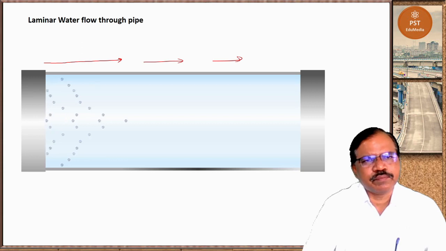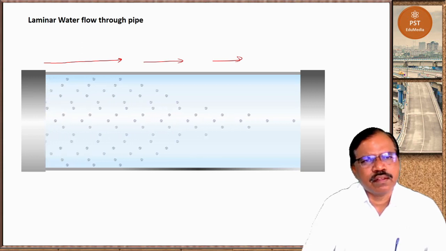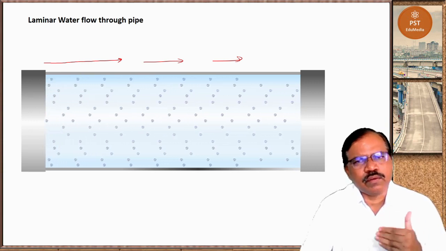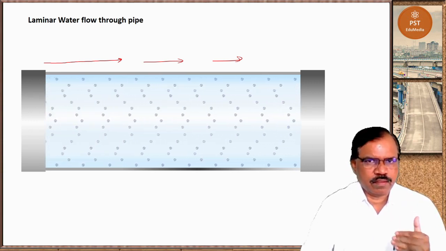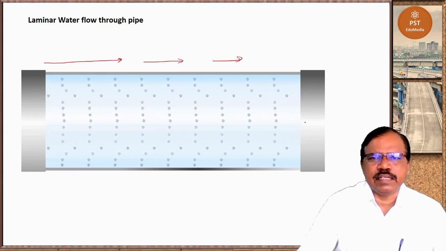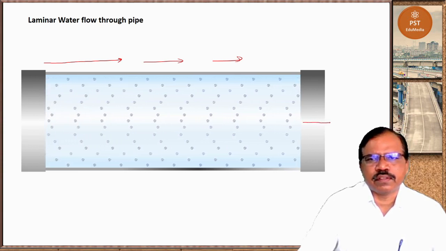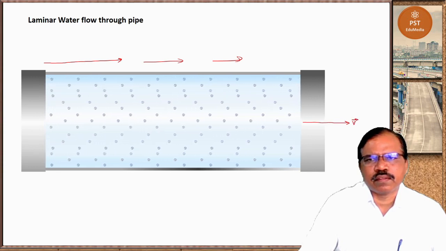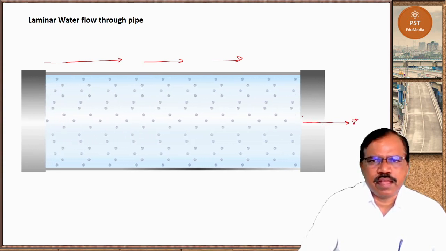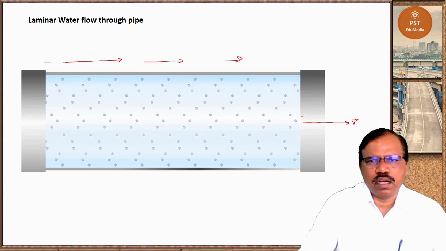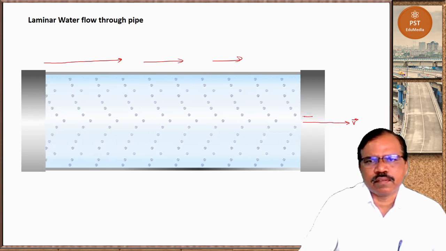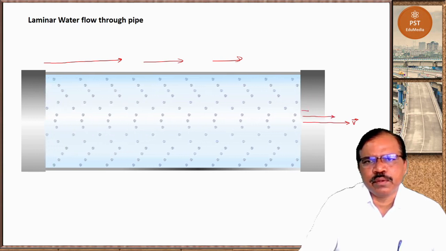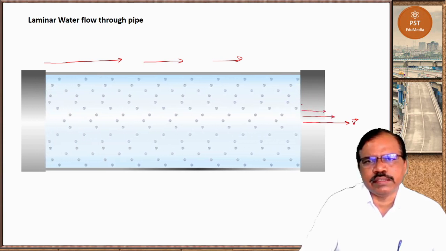You will observe that different water molecules will have different velocities. If we see at the center here, you will have more velocity, your velocity vector, and as we go away from the center towards the wall of the pipe, the velocity goes on decreasing.